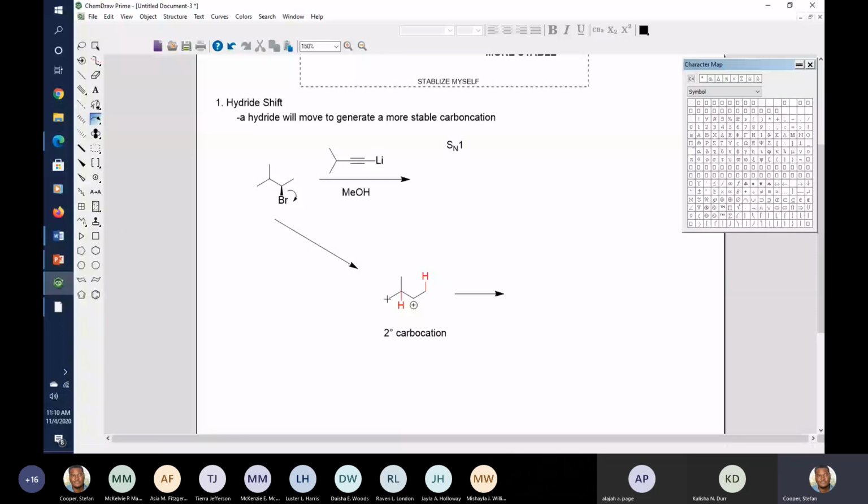And again, you guys know what a hydride means, all right? Keep this in the back of your mind. Hydride is a hydrogen with 2 electrons. The hydrogen with 1 electron is called hydrogen, and hydrogen with no electrons is called a proton, and the hydrogen with 2 electrons is known as a hydride, right? There should be a negative charge on that.